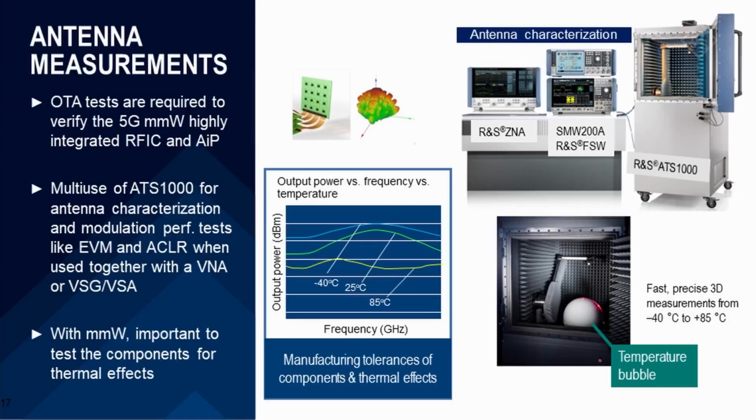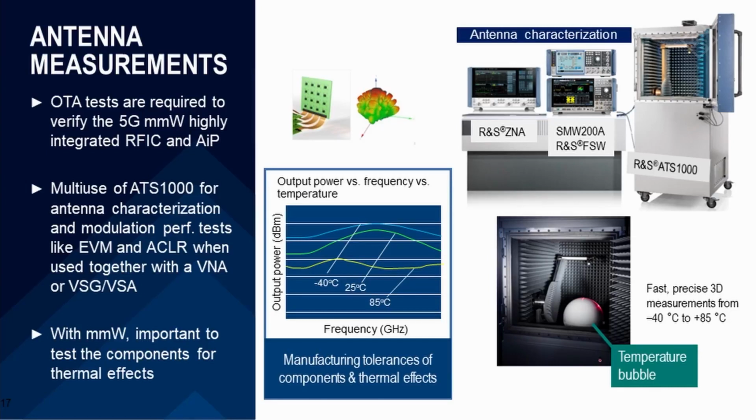Testing over the air means we need chambers, and here I would like to introduce the ATS1000. You can see the ATS1000 has multiple uses. One is antenna characterization, and you can also do modulation performance tests like EVM and ACLR when used together with a VSG and VSA.